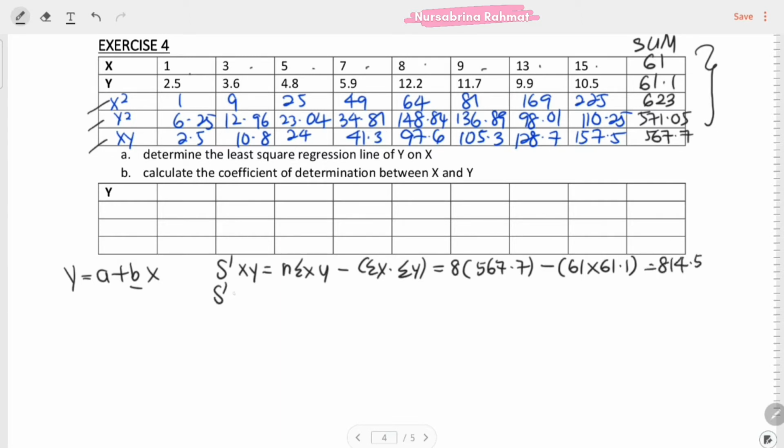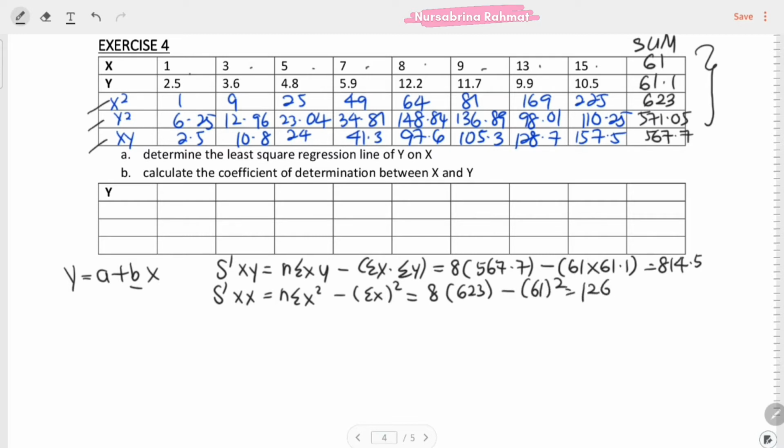Next, S prime xx, because it's the line y on x: the sum of x square minus (sum of x) square over n. Your n is 8, the sum of x square is 623, minus 61 square over 8.